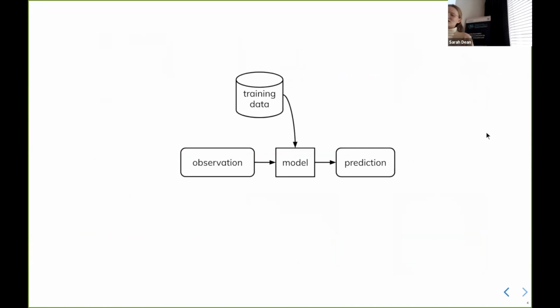Let me just review what machine learning is and why it is part of a feedback system. At the high level, machine learning is this process of taking a bunch of training data and generating a model, which can then automatically make predictions on the basis of observations.